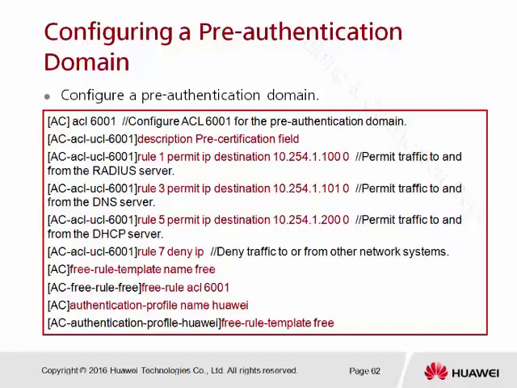The rest of the IPs you're going to deny. So all those rules later on we're going to bind into the free rule template over here. And the last one, authentication profile name Huawei, we bind the free rule inside here.